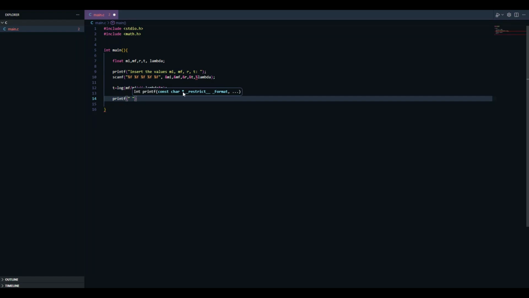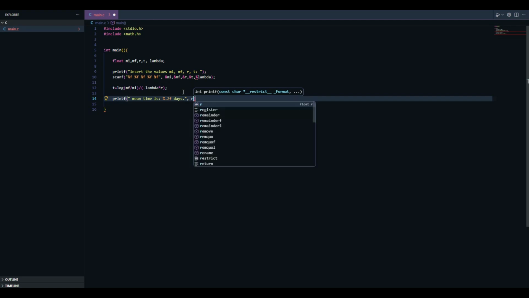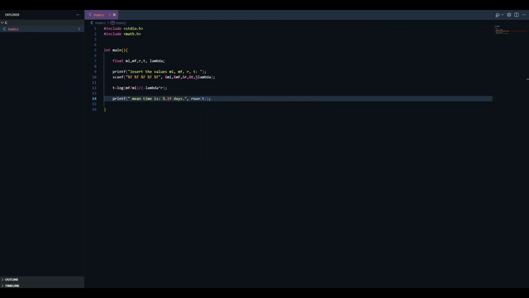Let's call it the mean time. It's %.2f. It's after the dot 2 values only, because we don't want to make a value very huge. And let's round it so we can round the t value. Okay, I think that's okay.